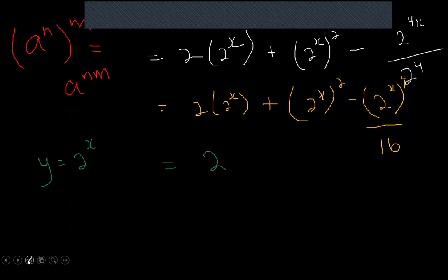Since I know that y is 2 to the power of x, I could rewrite this as 2y plus y squared minus 2 to the power of x to the power of 4. We know that 2 to the power of x is y, so I could write this as y to the power of 4 divided by 16.